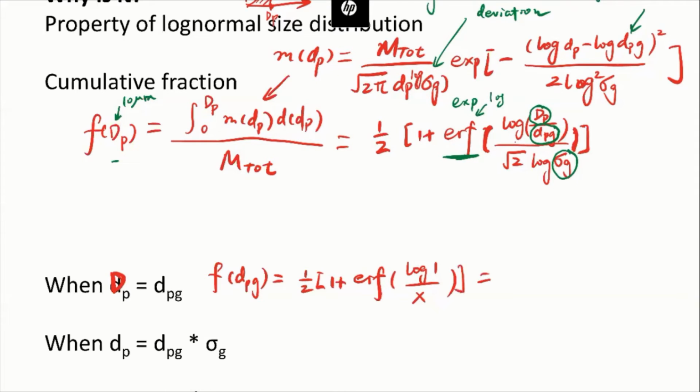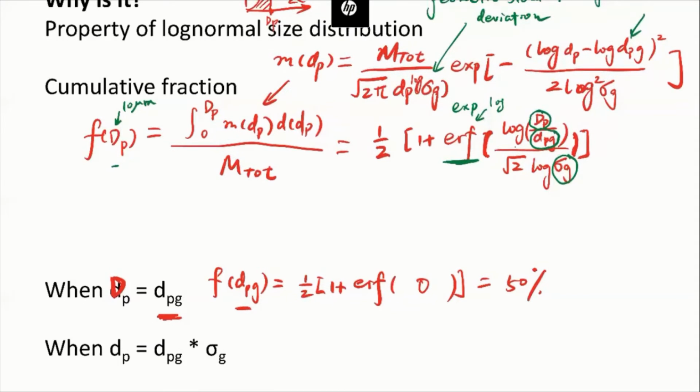Log 1 is equal to 0, and the error function of 0 equals 0. So that's going to be 50%. What this means is that when the size of interest is equal to the geometric mean, then the cumulative fraction will be 50%.